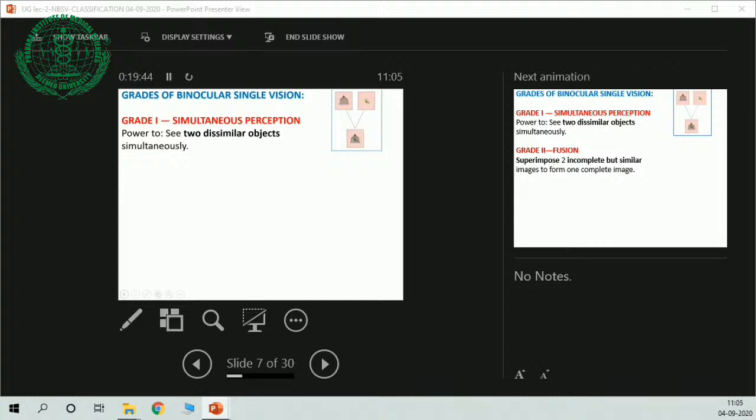However, if a person has grade 1 binocular single vision, which is called simultaneous perception, that person will feel that yes, the bird is in the cage, and you can grade that this person has simultaneous perception. That is the first grade of binocular single vision.